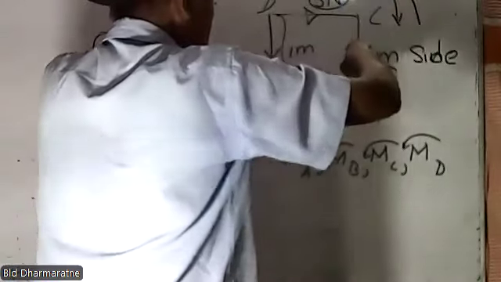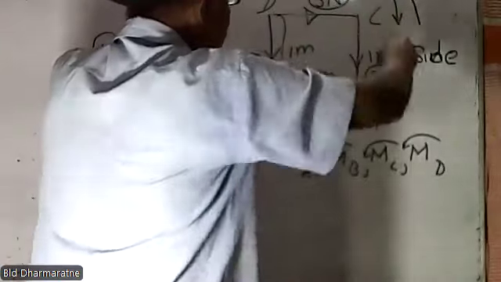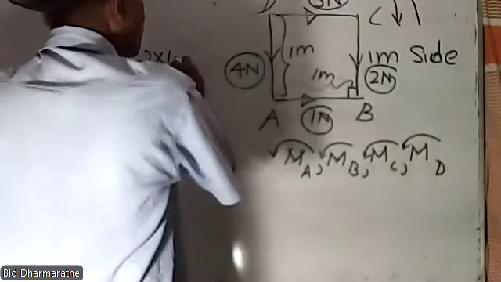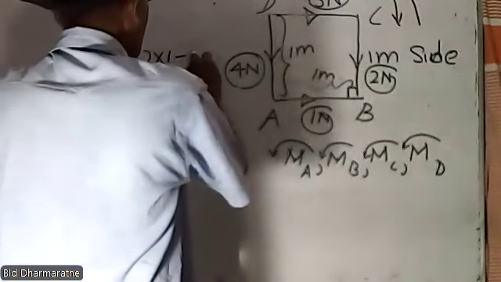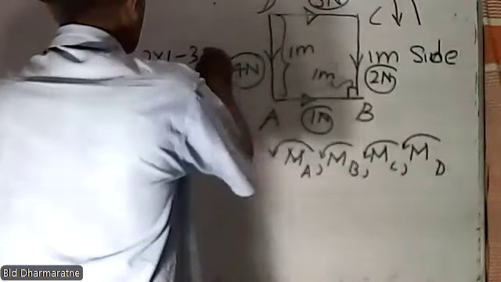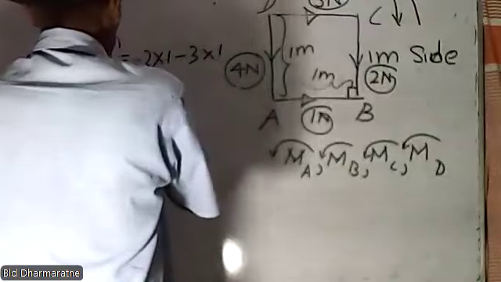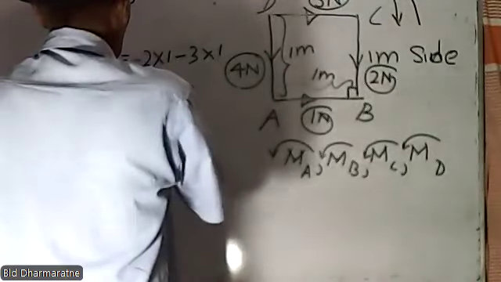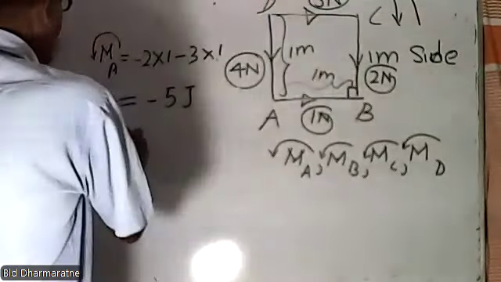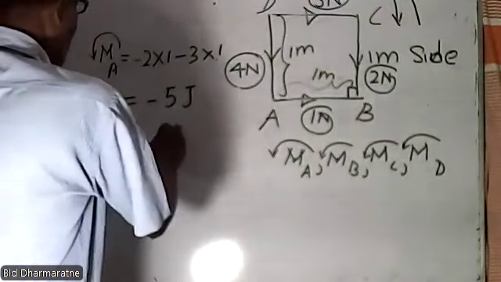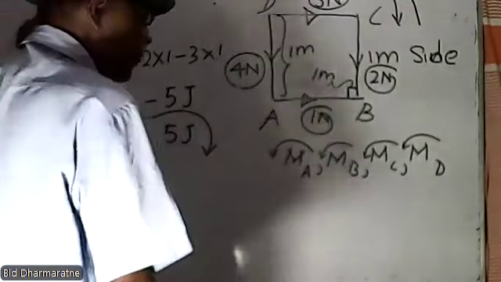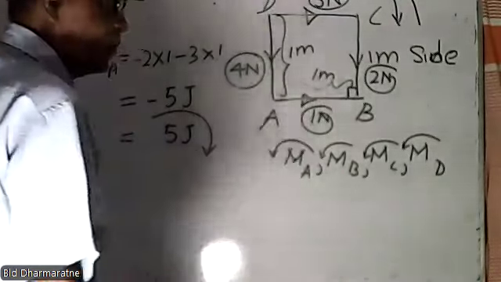Minus 3 into 1. Totally minus 5 joule. This minus sign means 5 joule in the opposite direction, clockwise. The resultant moment is in the clockwise direction. Right?